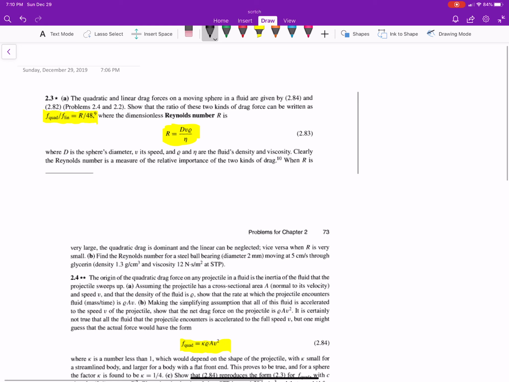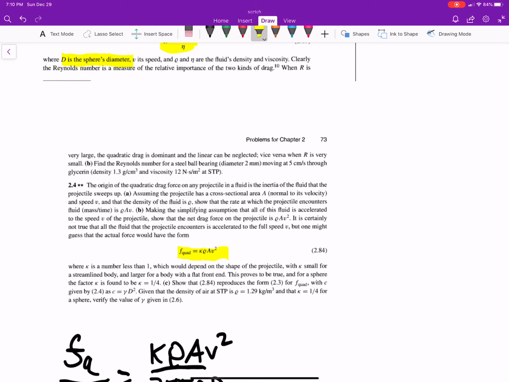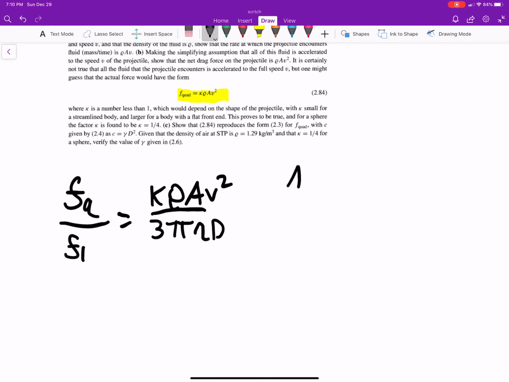Now A, D is the sphere's diameter, right? Now A, as we see it here, I think it says it somewhere, but A is the area. Does it mention it here? Maybe it doesn't. But what we do know, A is the area, and A is pi r squared. Or we can say area is pi, the diameter divided by 2 squared.